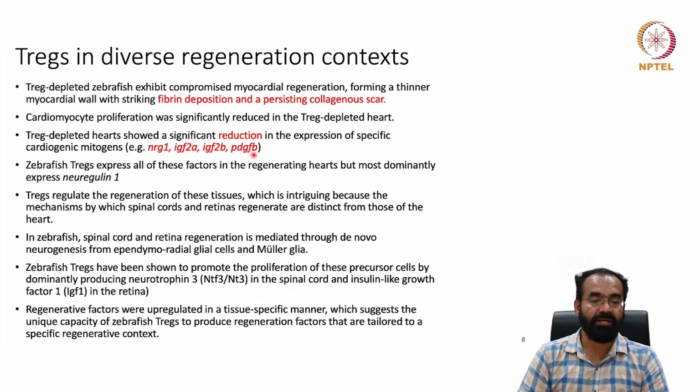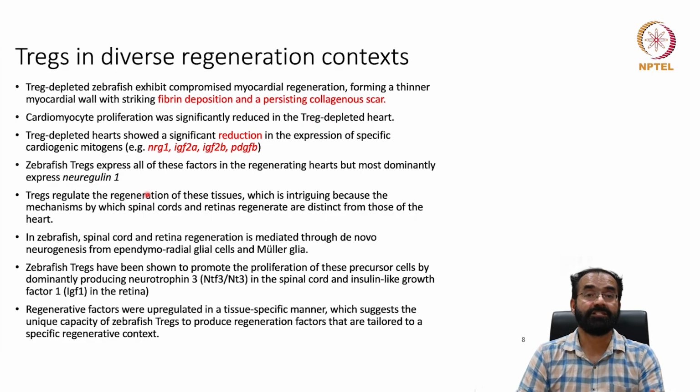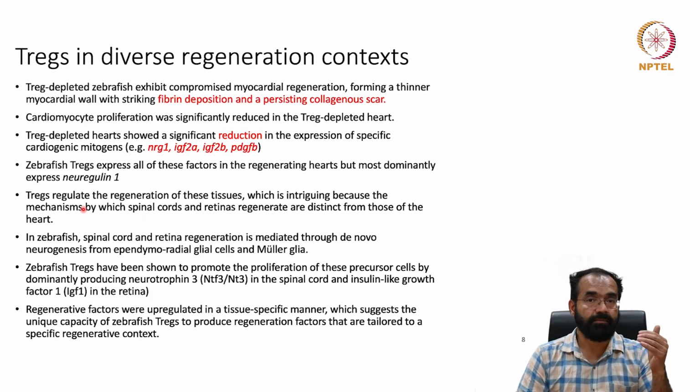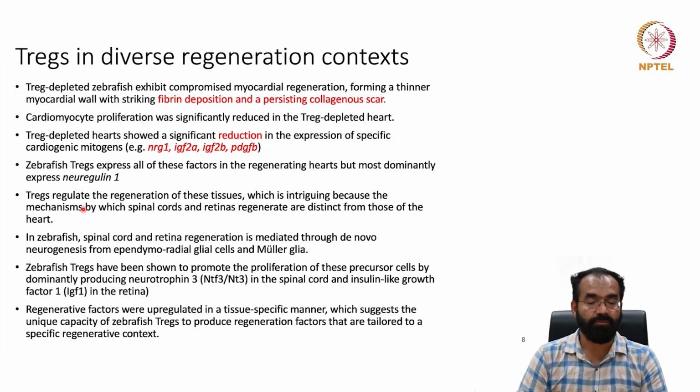They are depleted. Zebrafish Tregs express all of these factors in the regenerating hearts, but most abundantly they express neuregulin 1. So Tregs are influential in the proliferation of cardiomyocytes and also in other tissues by doing their paracrine role.